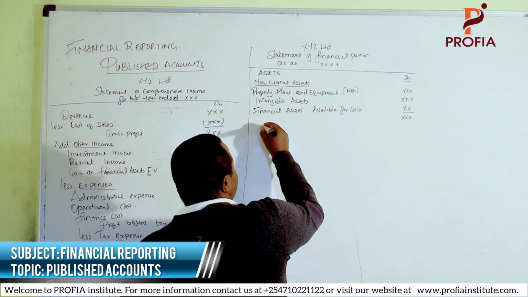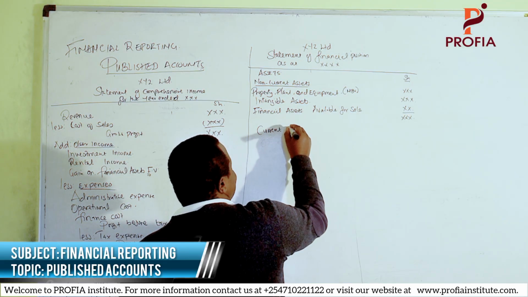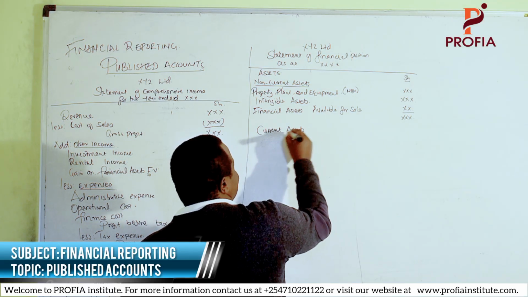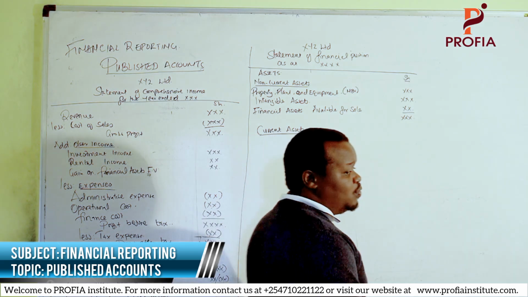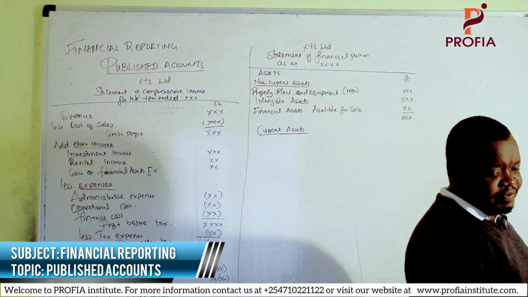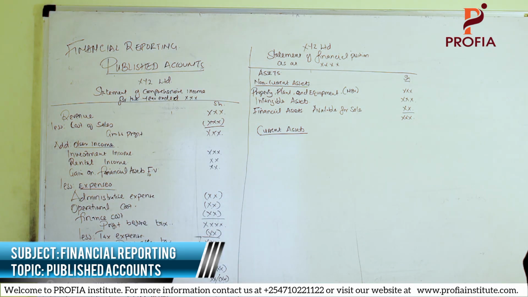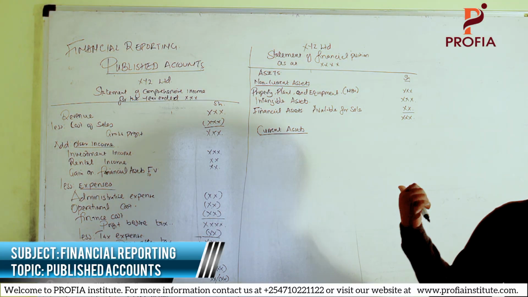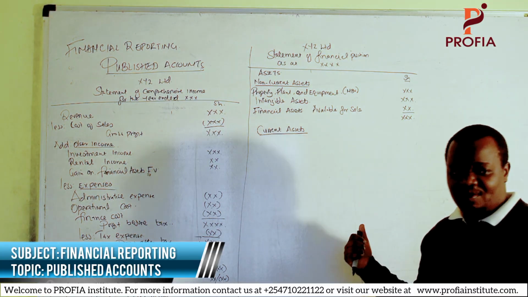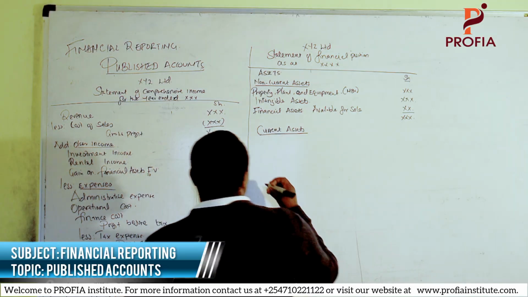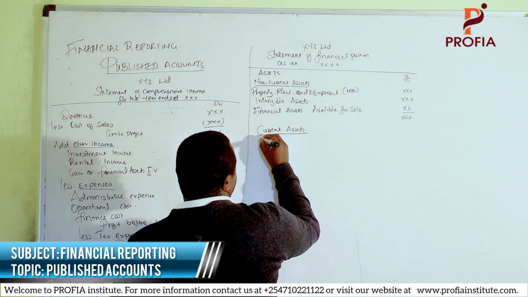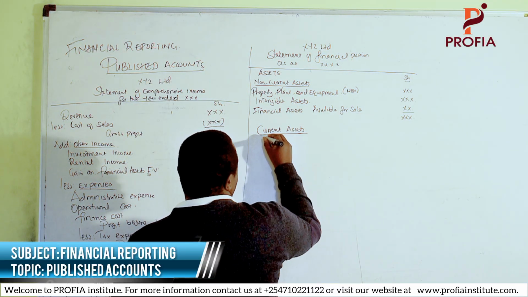Then here we can have current assets. Of course, we are always using solvency. It's very important for you to use solvency. Don't write it the way we write sometimes, where you find yourself having written bank in front. You need to use solvency. And how does solvency go? It starts with what?